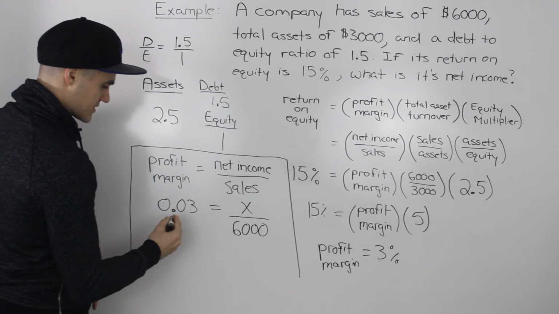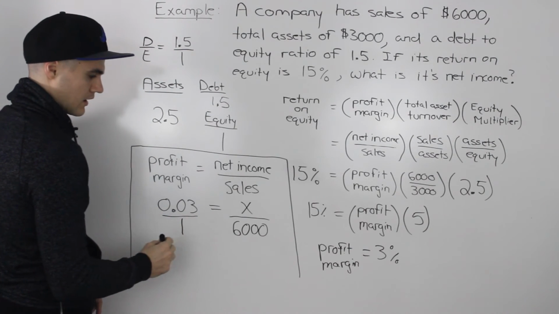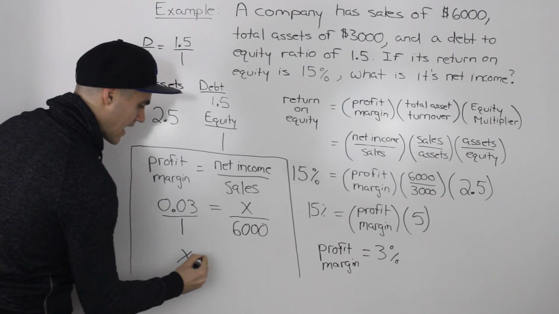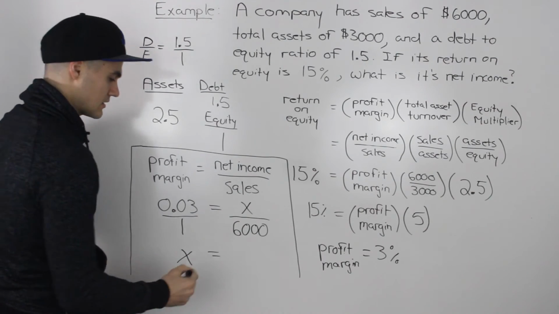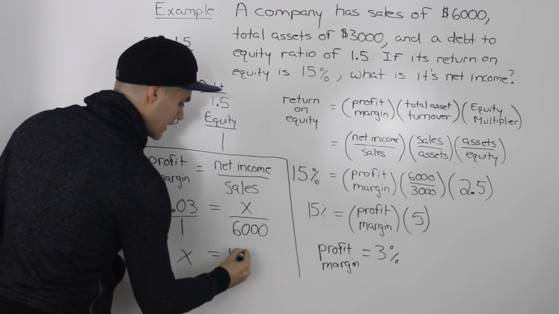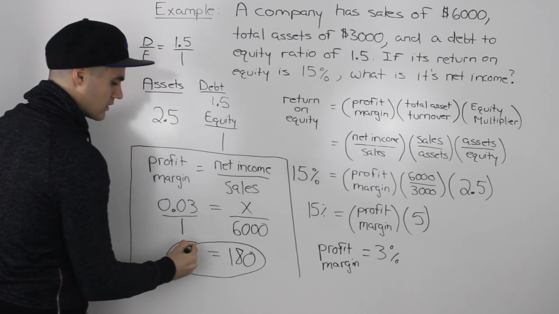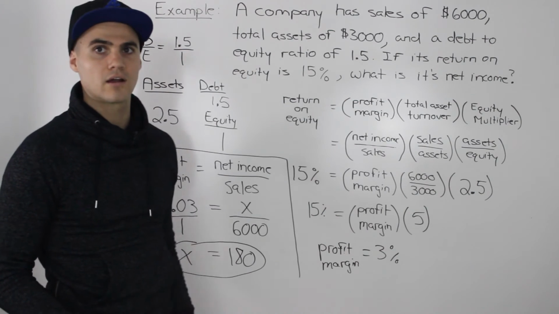And then to solve for X here, we can just put this 0.03 over 1. And now we can just cross multiply. So 1 times X is just X. And then 0.03 times 6,000, that would give us $180. So that there is our final answer. $180 represents our net income.